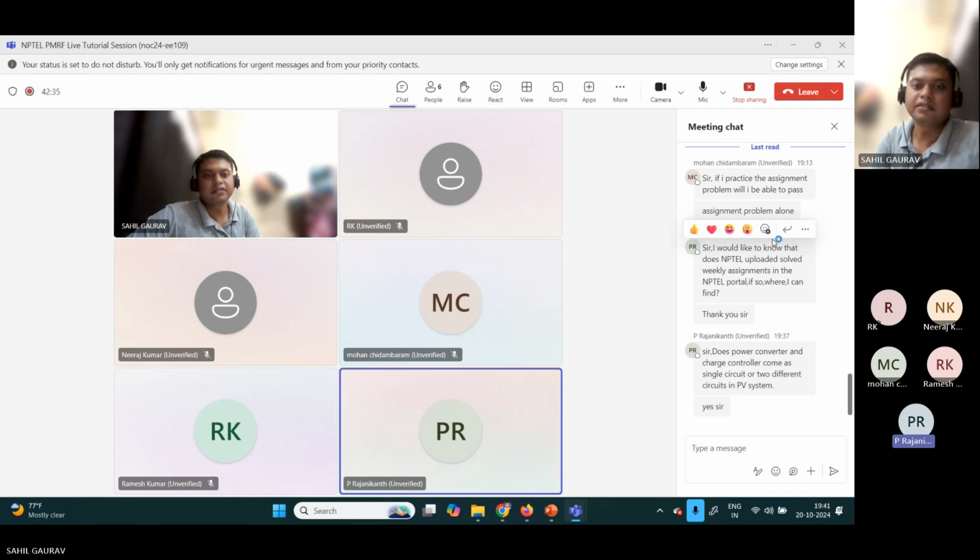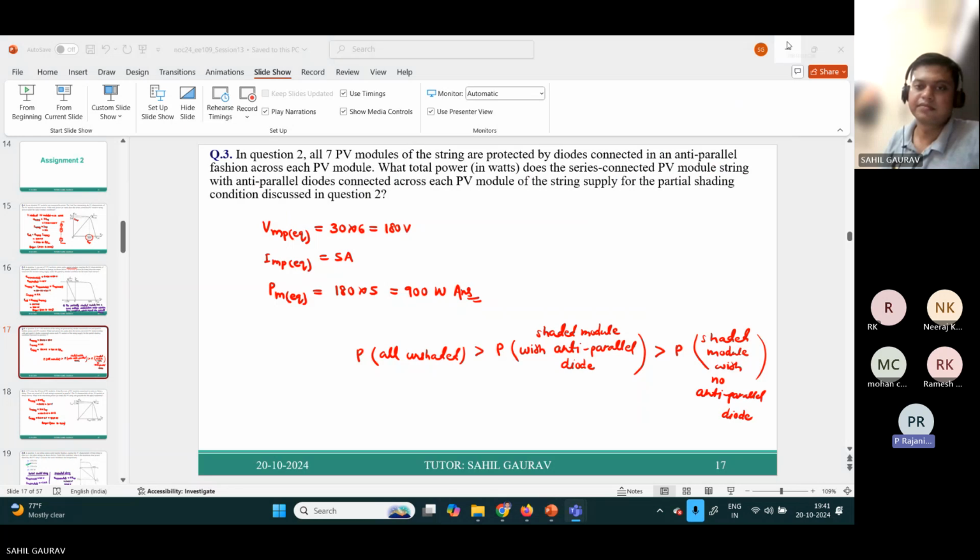Sir, actually my doubt is that we are implementing MPPT in the power converters to track the maximum power from the PV module. At the same time, we are charging the battery also. So, are we incorporating this MPPT and charge control together as a single circuit or differently? That's my point.